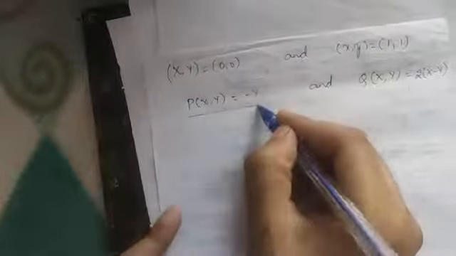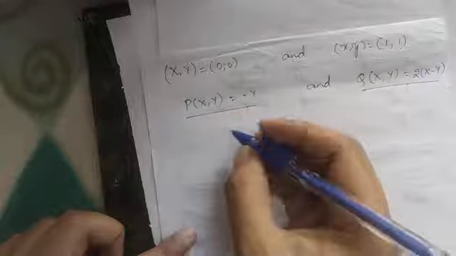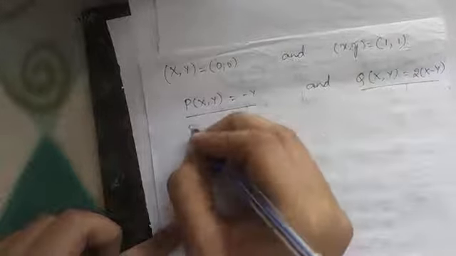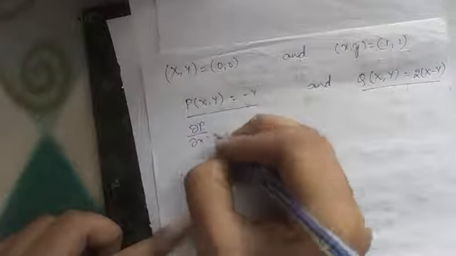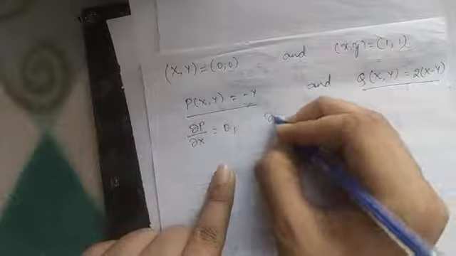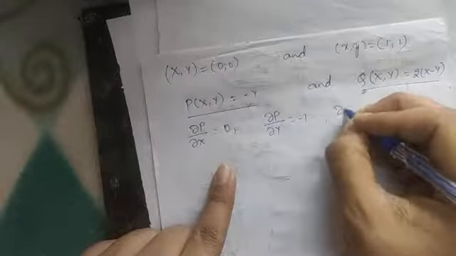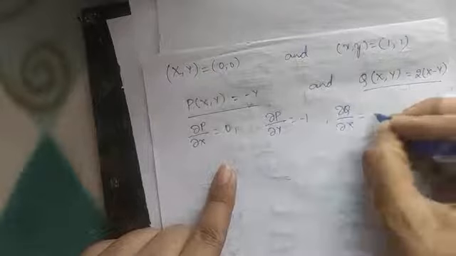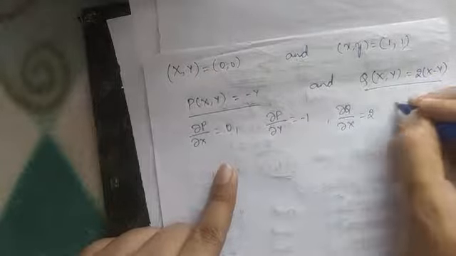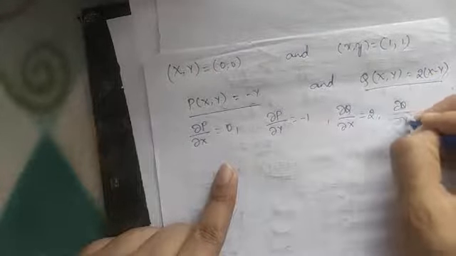In order to find the eigenvalues for this autonomous system, I have to find dou p by dou x. Dou p by dou x is 0 here. Dou p by dou y is minus 1. Dou q by dou x is 2 and dou q by dou y is minus 2, right?